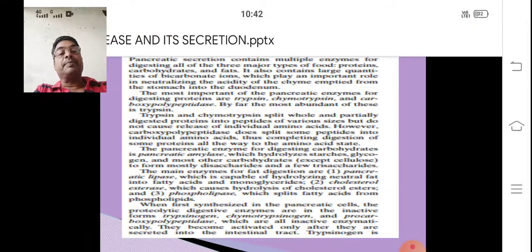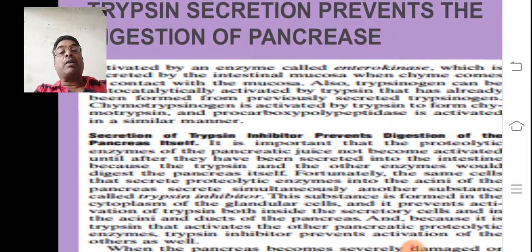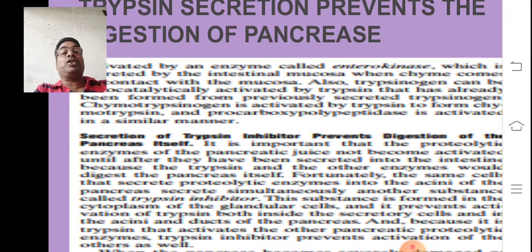Trypsinogen is activated by an enzyme called enterokinase, which is secreted by the intestinal mucosa when chyme comes in contact with the mucosa.